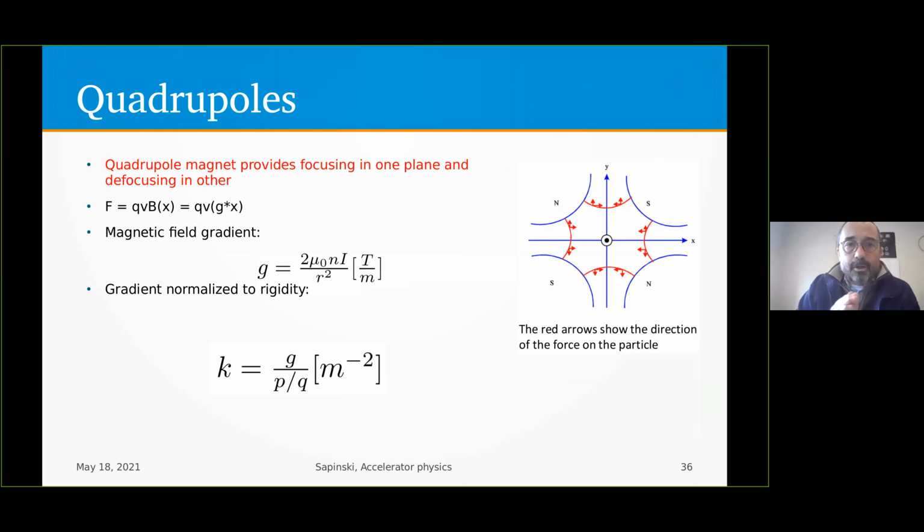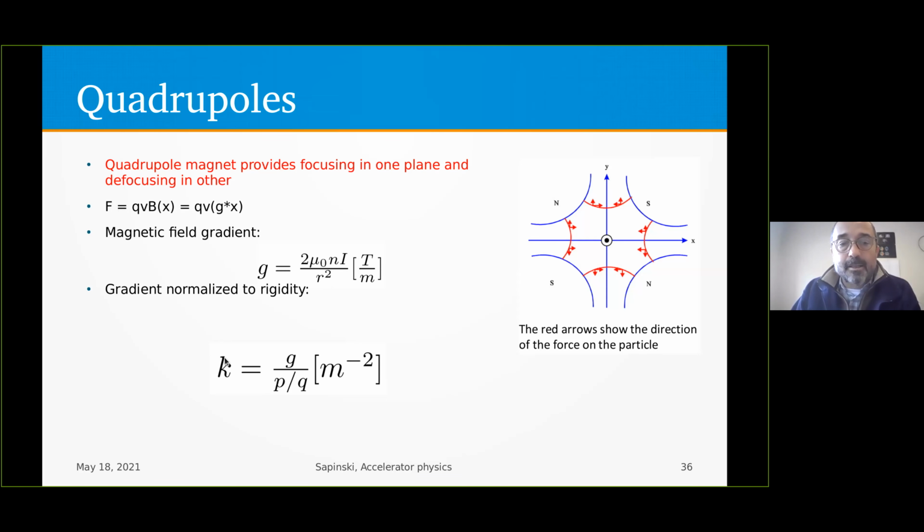As I said before, the quadrupole magnets provide focusing, and they are characterized by the field gradient, which is expressed by this equation where you have the current in the coils, the number of turns in the coils, and the size of the magnet. This is important, and we usually normalize this gradient to the beam rigidity, and we talk about K values, or the K parameter.